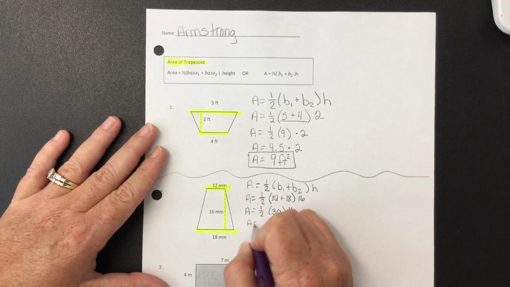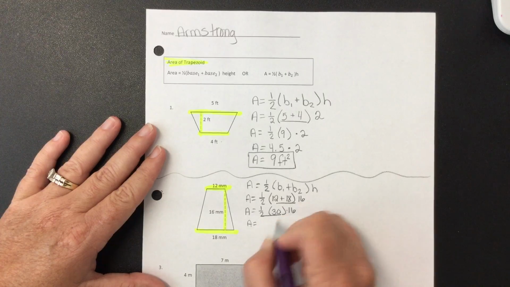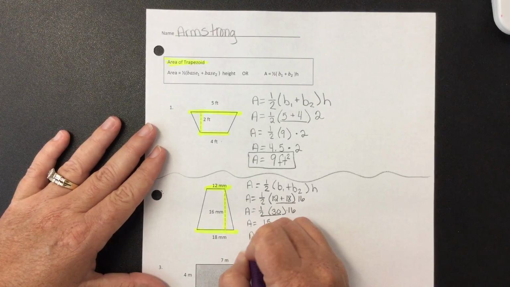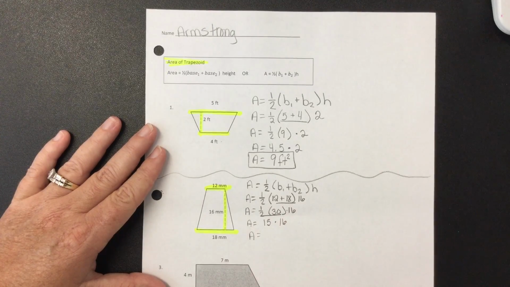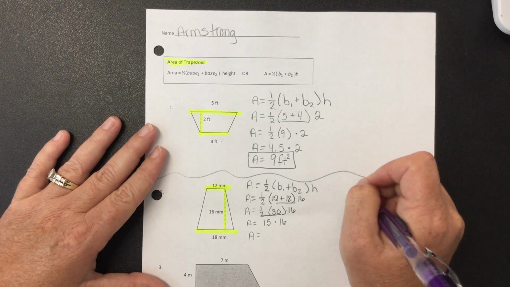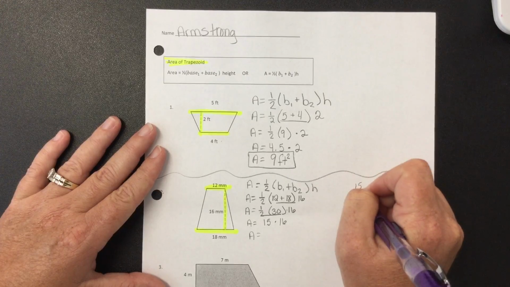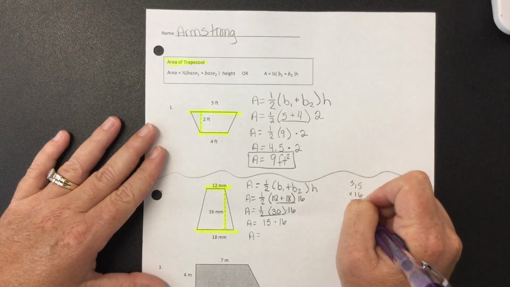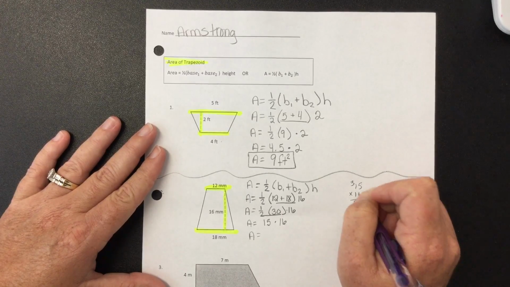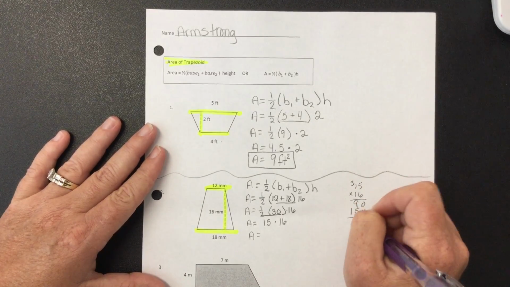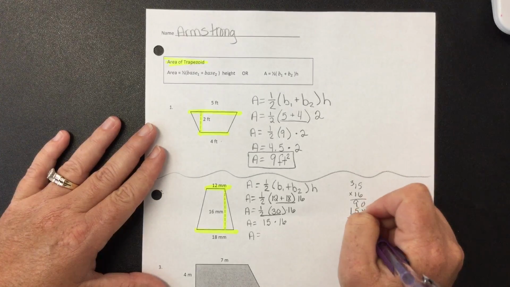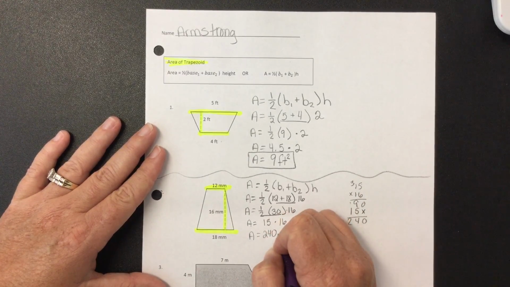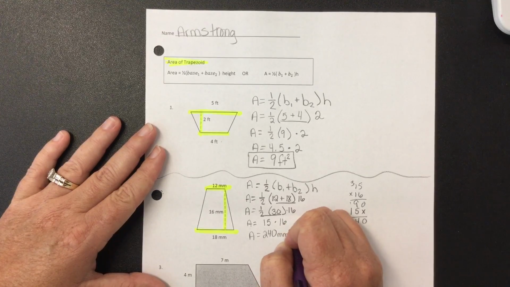And half of 30 is? 15. And 15 times 16 is? 240. I can't do that in the top of my head, so I'll go ahead and make sure that y'all are correct. 240 what? Millimeters squared.